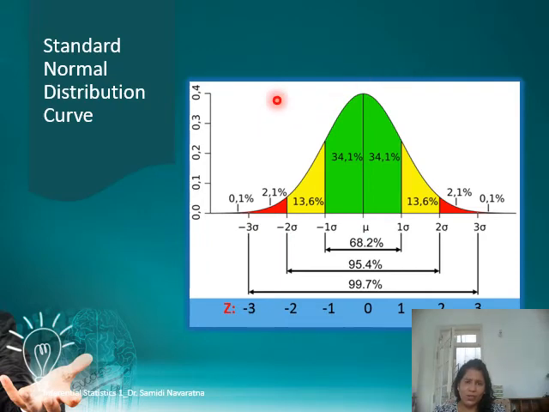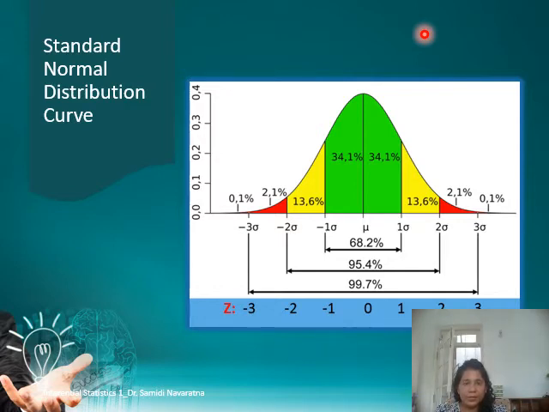So I'm sure in the previous lecture you have covered the standard normal distribution, calculation of Z scores, and referring the Z tables to find the corresponding p-value. However, I thought I'll revisit some of these areas just to recap.